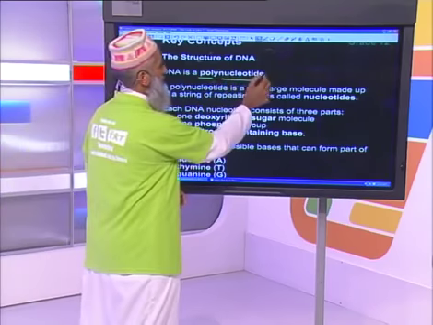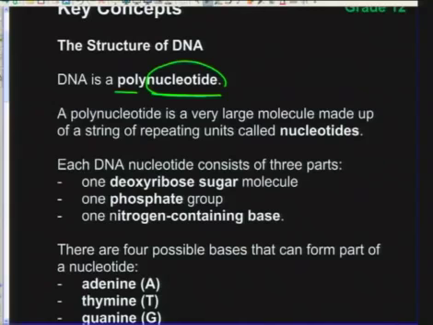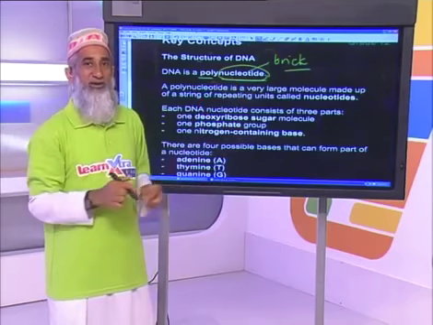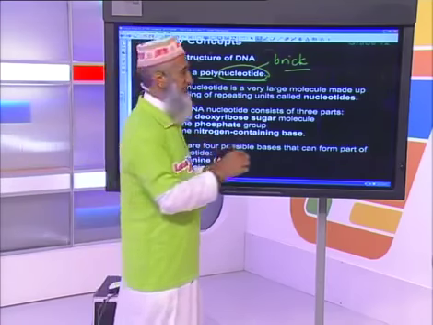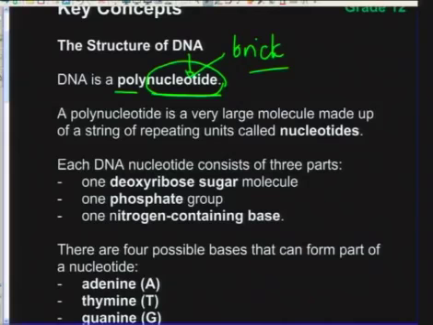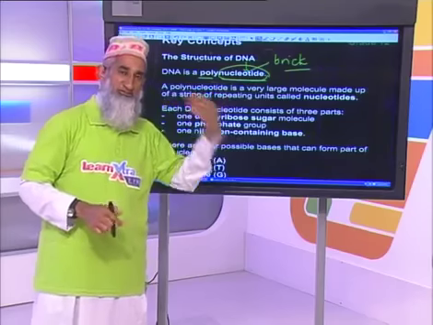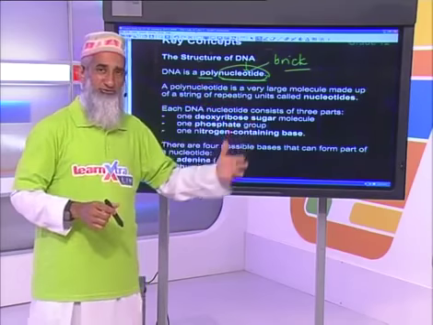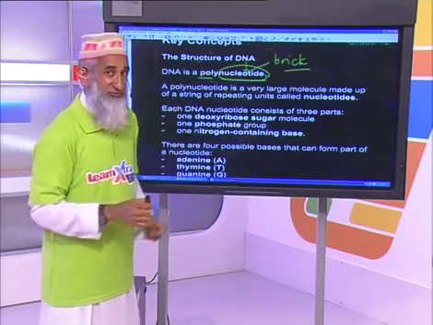If we look at this nucleotide, we can consider the nucleotide to be like a brick on the wall. The wall is made up of several bricks. The same way, DNA is made up of several repeating nucleotides, maybe with similar nitrogenous bases or with different nucleotides.